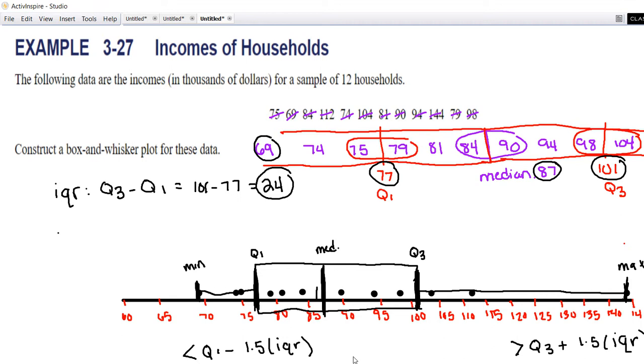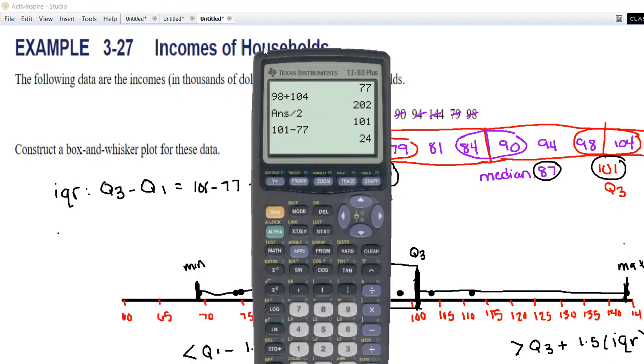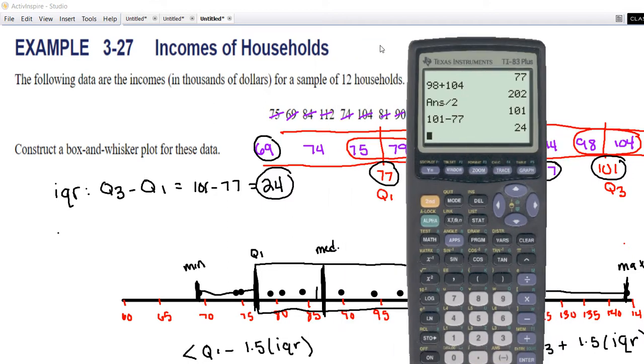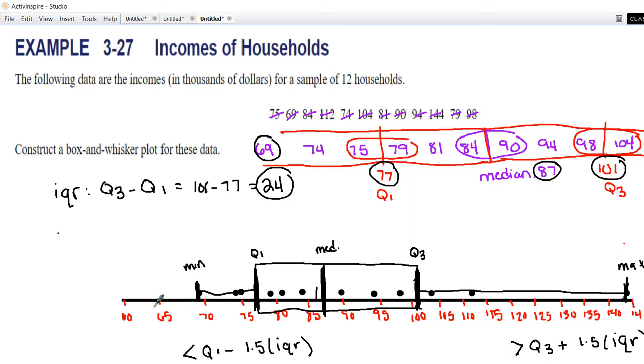So we are going to grab our calculator, and quartile 1 is 77. We do 77 minus 1.5 times our interquartile range of 24. Are there any observations less than 41? No, our lowest observation is 69. So less than 41, we are good.